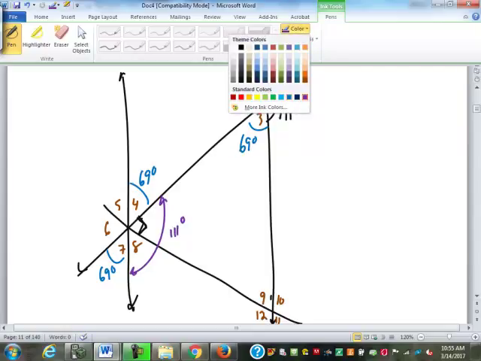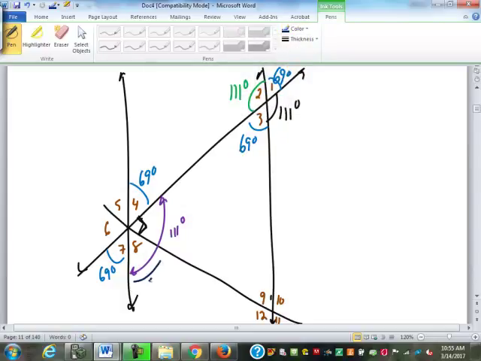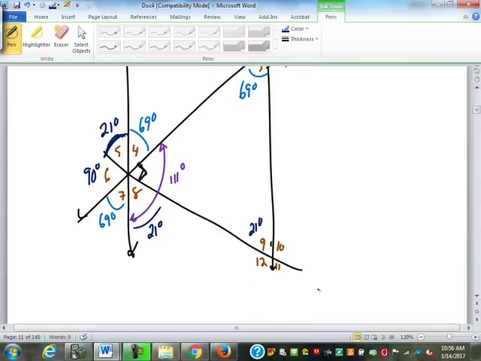So if I take out 90, that one's 21. Which makes this one 21. Of course, this one's 90, right? If this one's 21, what other one's got to be 21? Of course, that makes this one and this one 159. Not so bad?